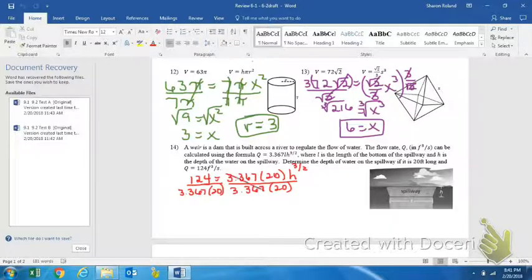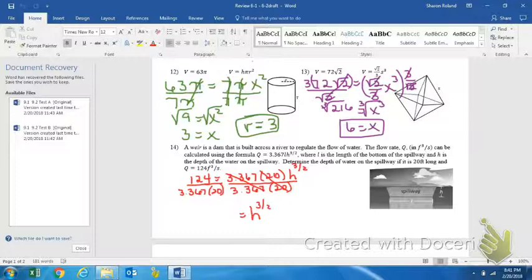Okay, this cancels, and you're left with h to the 3 over 2 equals, and I'm going to put it in Alpha Y equals. In the numerator, it's 124, and in the denominator, it's 3.367, and 20's in the denominator as well.